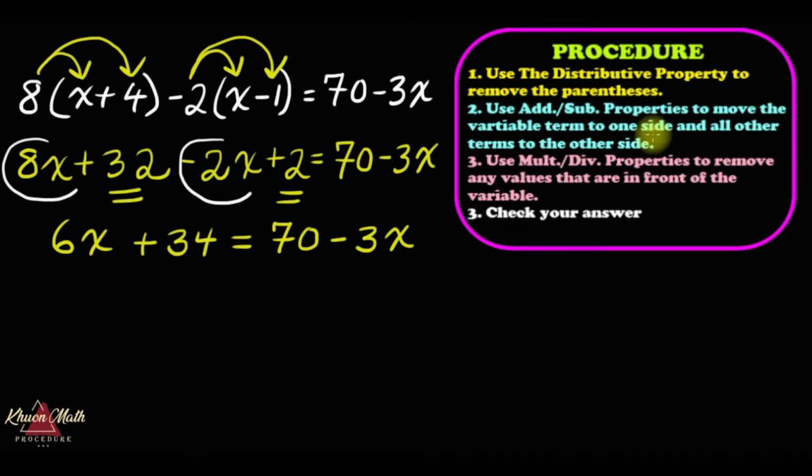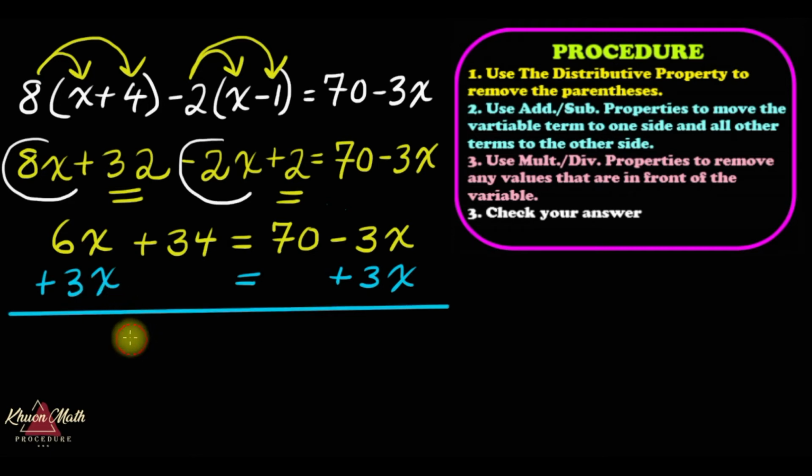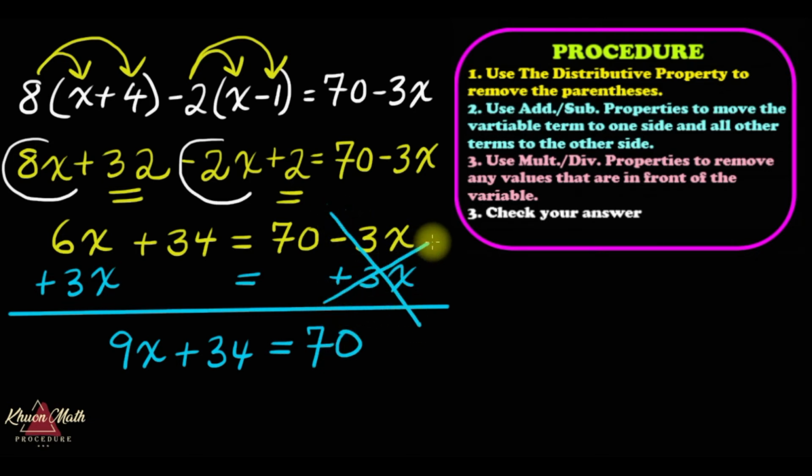Now step 2 is to get the variable on one side and then the constant on the other side. So we're going to get rid of negative 3x by adding 3x to it. And then if we add 3x to the right, we got to add 3x to the left-hand side. So 6x plus 3x is 9x. Bring down the 34 equals 70, because these are gone, they add up to 0.